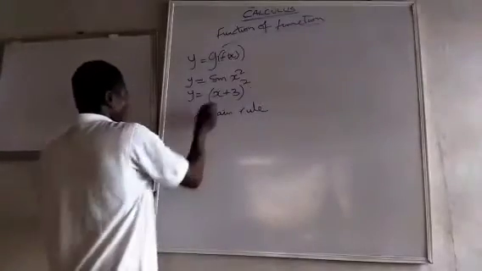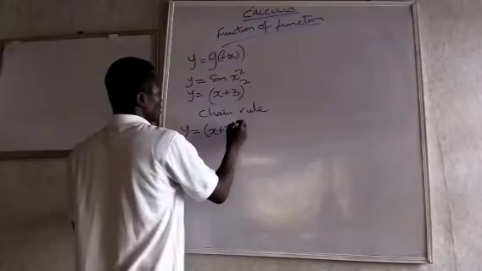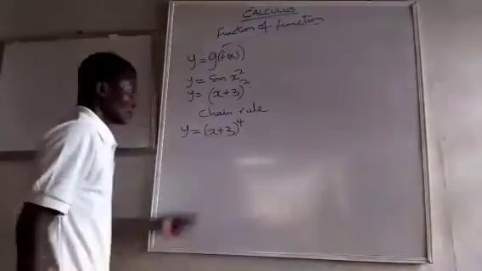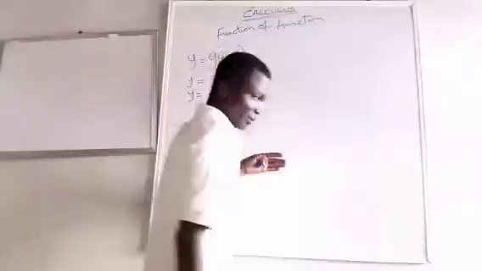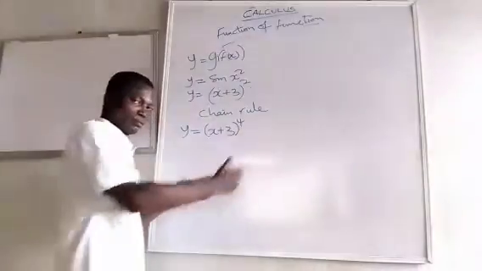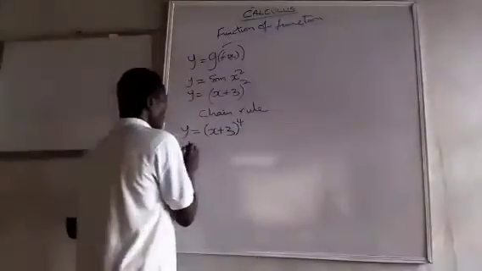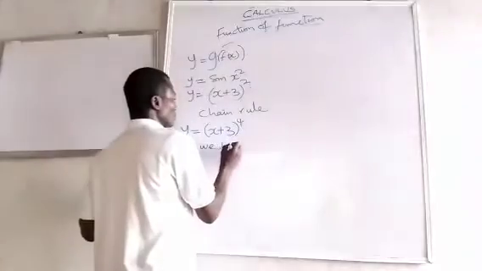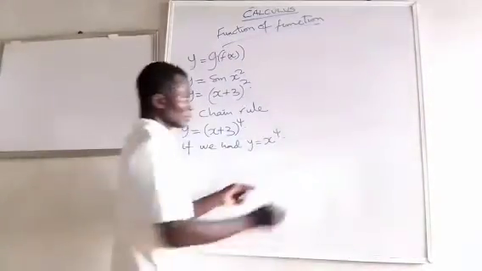And that is going to be something like this: y equals x plus 3 raised to the power 4. If we want to do this, we might need to be doing expansion, involving x and 3 multiples. If we had y equals x raised to the power 4, this one will be easy to handle.